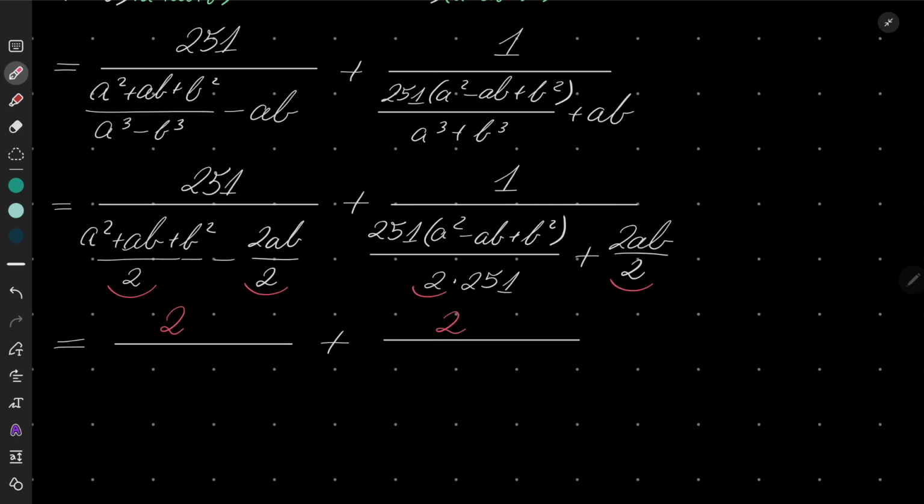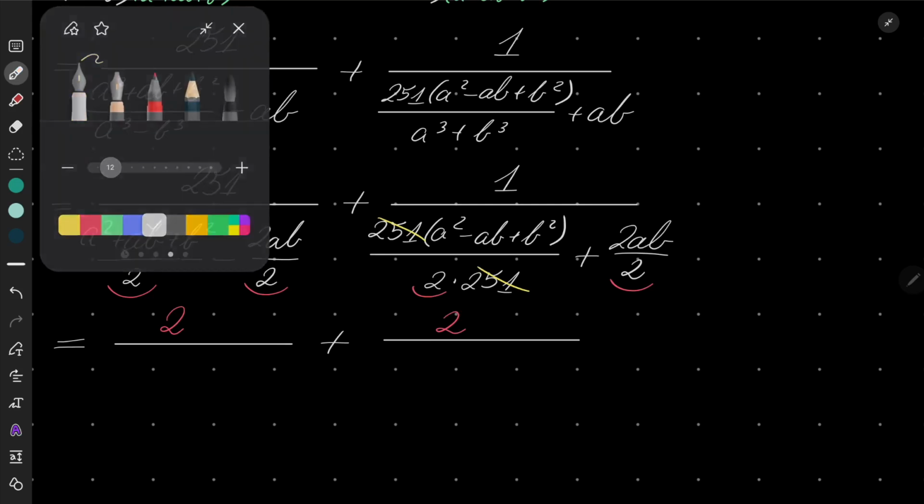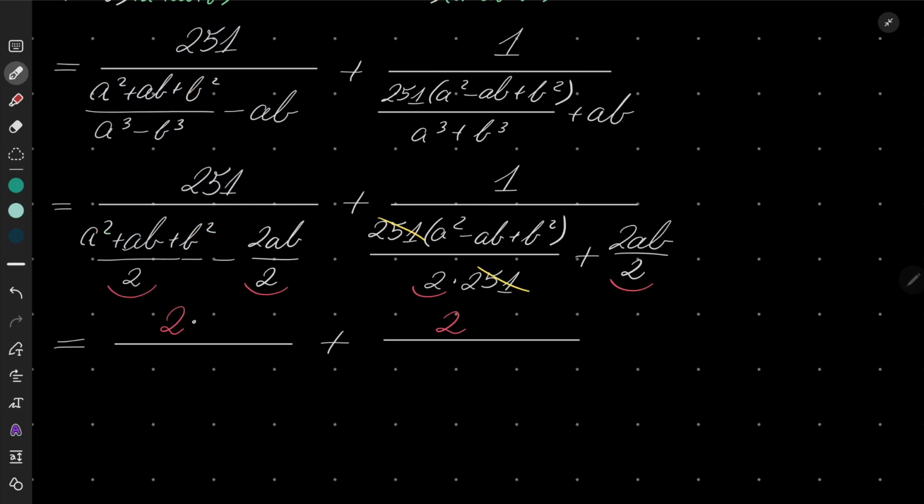Similarly, here. And also, 251 will cancel with this occurrence of 251. And we will have a squared minus ab plus b squared, and here we will have a squared plus ab plus b squared. All right.